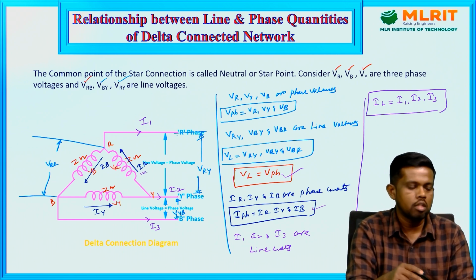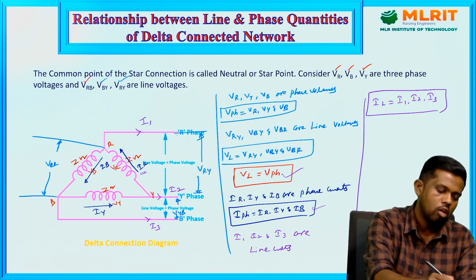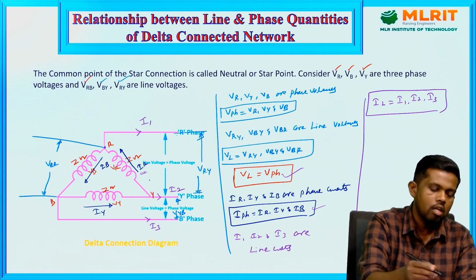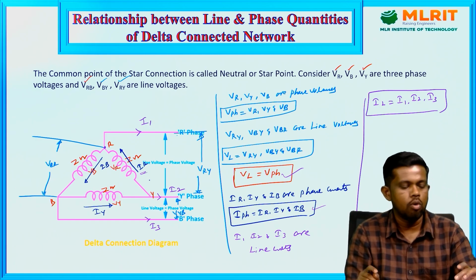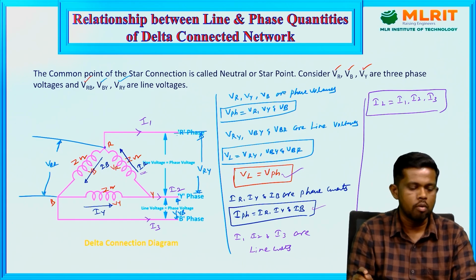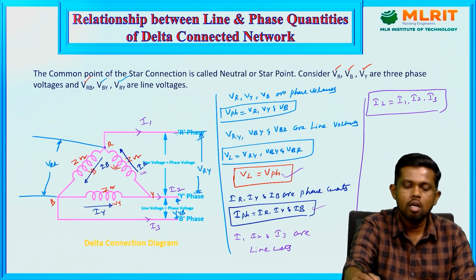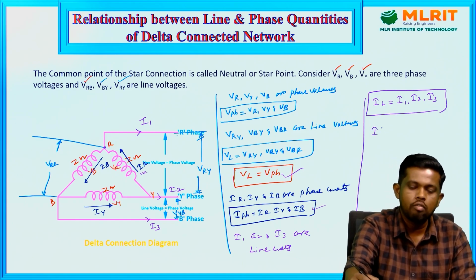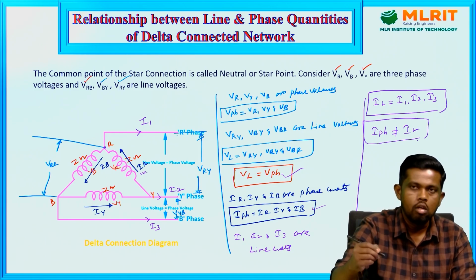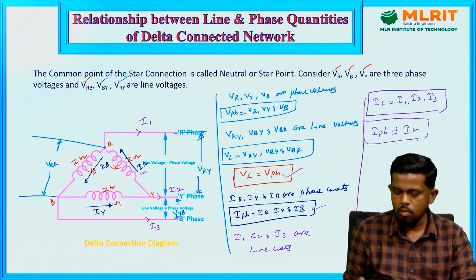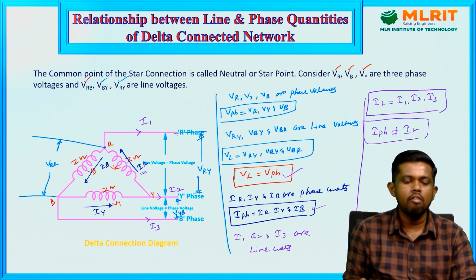No, because there is a division at this point. That's why it's not at all equal; IR is not equal to I1. So in a balanced three phase delta connected network, the phase current is not equal to the line current. Both are unequal, and based on that, we need to derive the relationship between the line and phase currents.